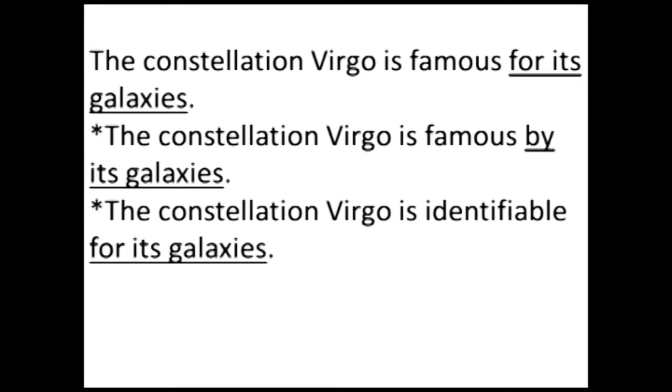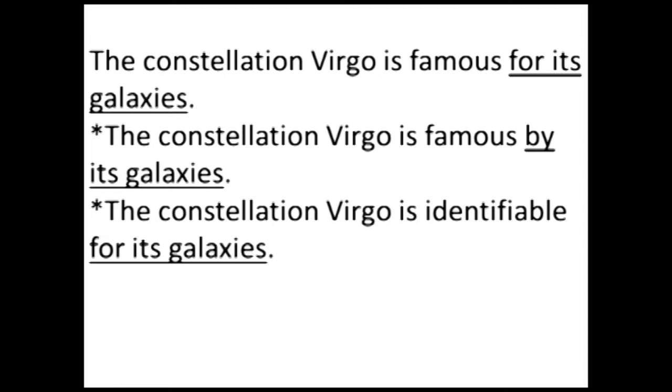Take the first complement prepositional phrase, for its galaxies. Notice if we change that to by, we get the constellation Virgo is famous by its galaxies. Bad sentence. You may be able to pull the meaning out of it, but it doesn't matter. We just don't say famous by. The constellation Virgo is identifiable for its galaxies.